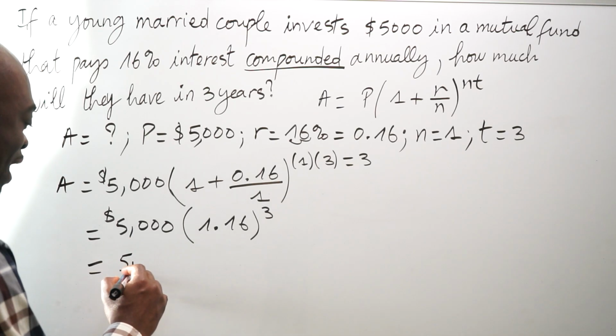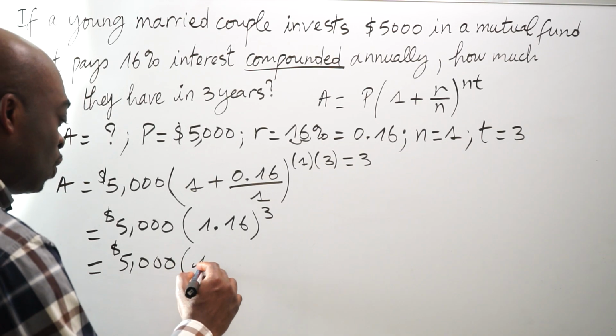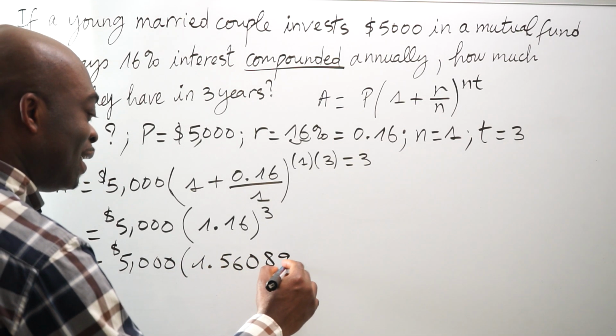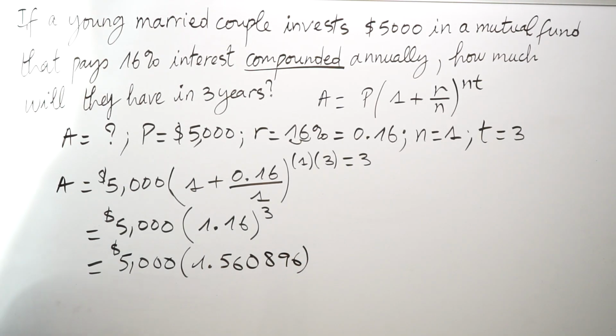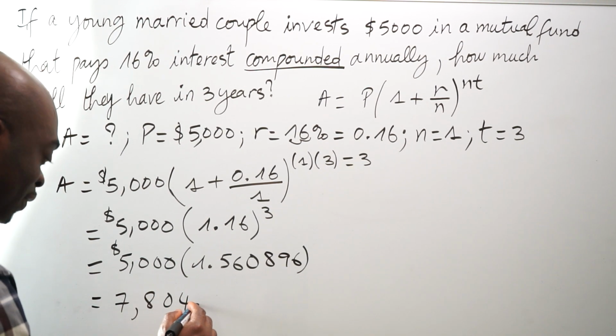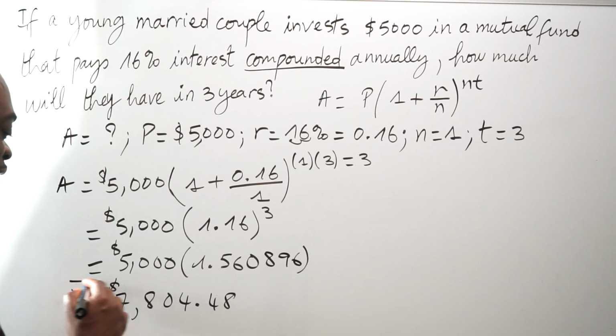So that is $5,000 times 1.560896. I wrote all the numbers so that we can get all the details. So we multiply this by $5,000. And what do we get? We end up with $7,804.48, ladies and gentlemen. So this is what we get.